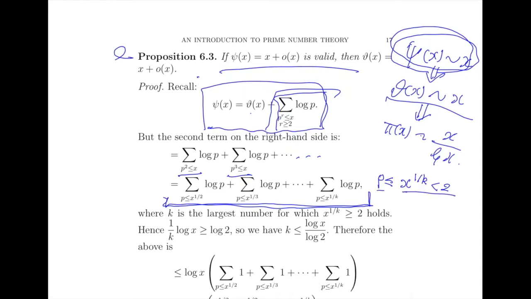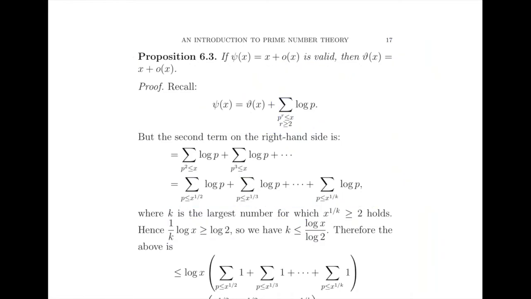So therefore, this k should be the largest integer for which x to the 1 over k is larger than 2, which implies 1 over k times log x is larger than log 2, which implies k is less than log x over log 2. Okay?